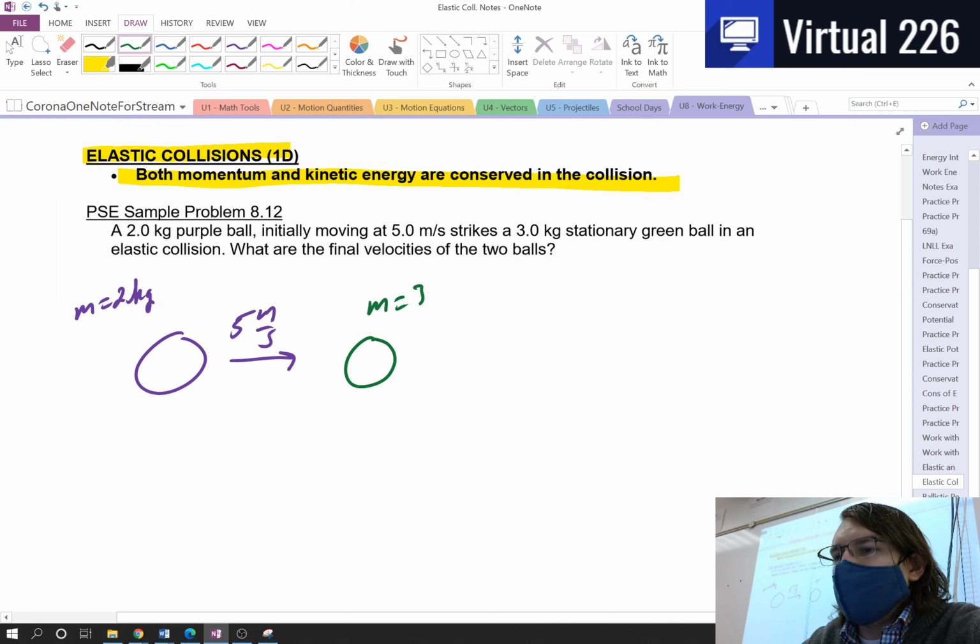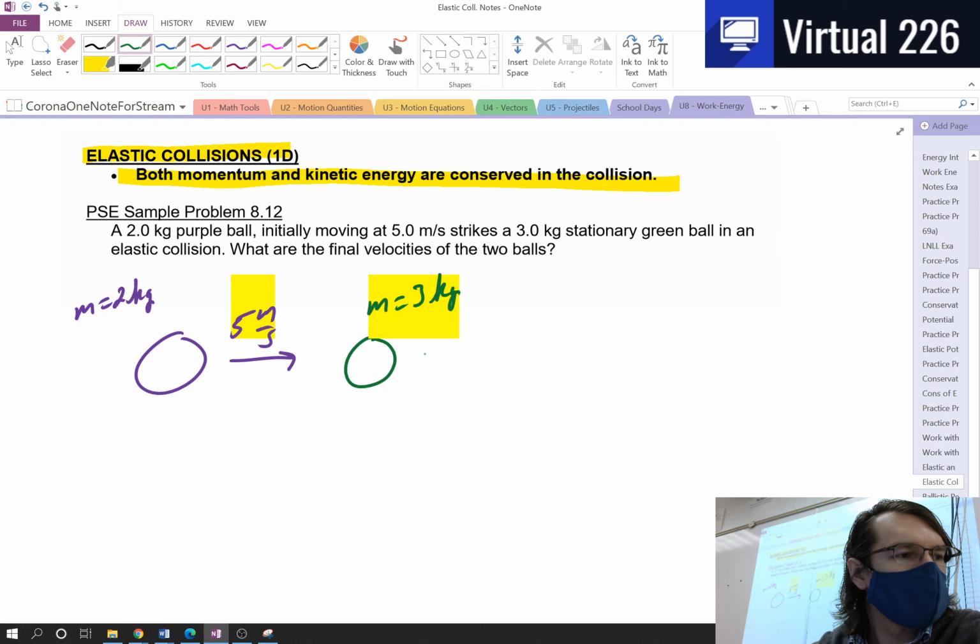This green ball has a mass of 3 kilograms, and it has an initial velocity of 0. Feel good? Okay.